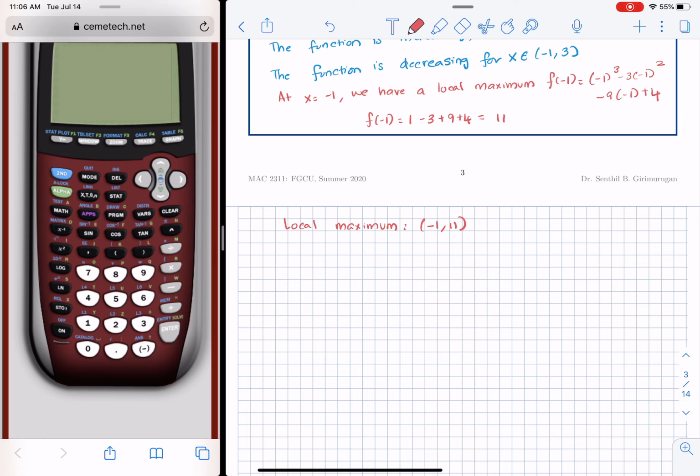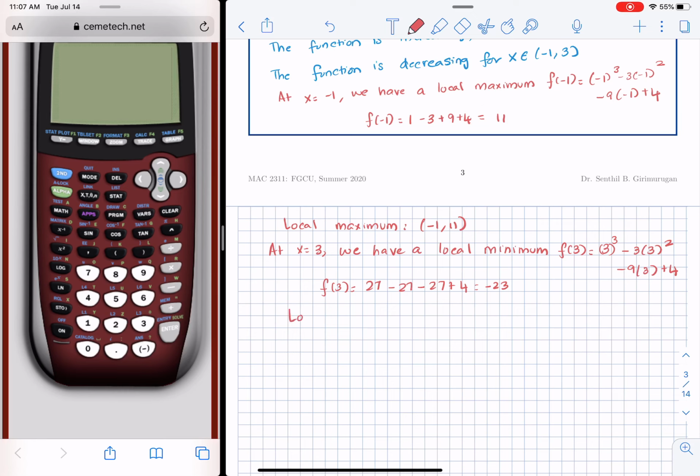We go for the next critical number. At x is equal to 3, we have a local minimum. So f of 3 is 3 cubed minus 3 times 3 squared minus 9 times 3 plus 4. 27 minus 27 minus 27 plus 4, I get negative 23.